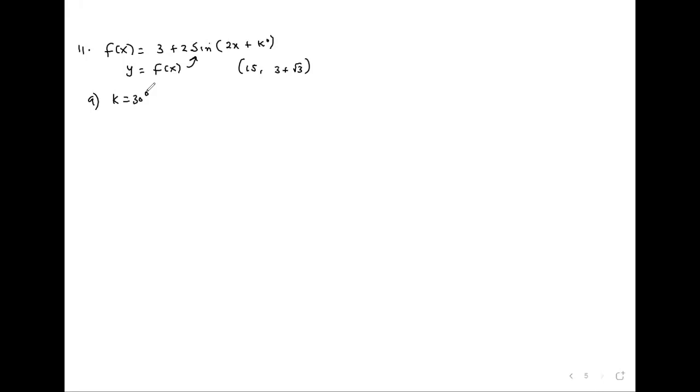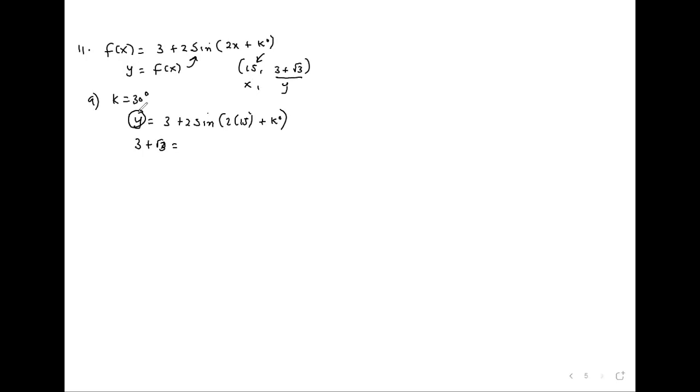So how do you do that? If you want, you can get f of 15. So where there is x, you take 15 and keep the k. We expect to get 3 plus root 3 as our y, remember this is x comma y.